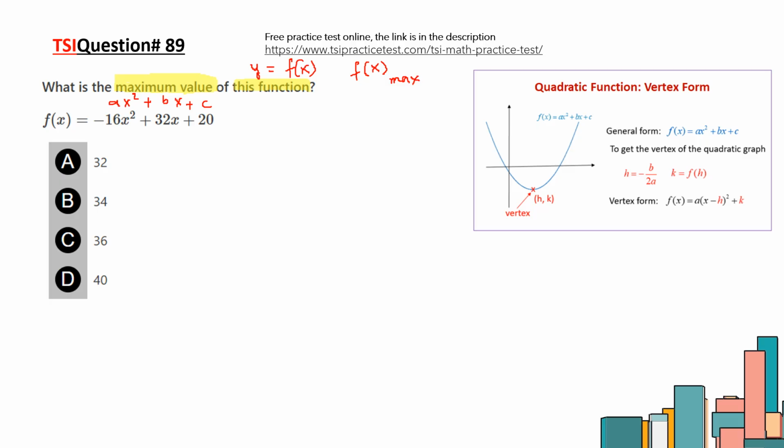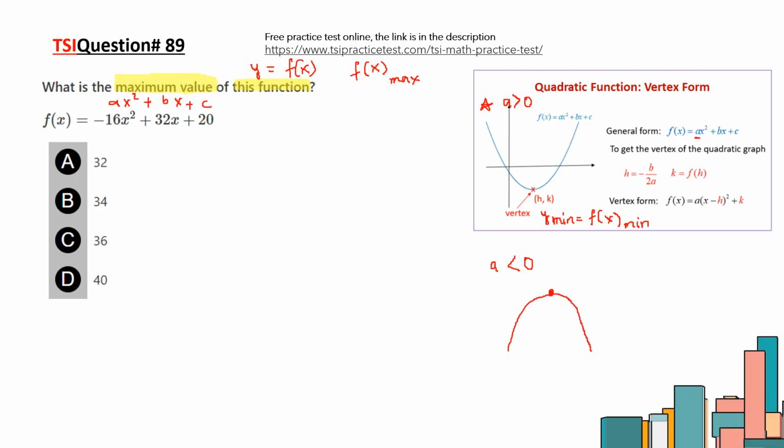You see in this case, in the graph right here, this is when the coefficient a is positive. Then you have the vertex. This is the y min, or the f of x min, meaning minimum. And if a is less than 0, then you will have something that looks like this.